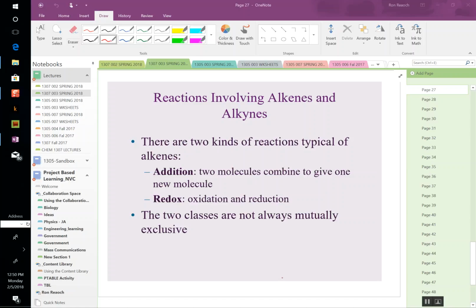We looked at this one on Wednesday. We said this hydrogen, it's like a hydrogen molecule, is going to add across that double bond. It's going to get rid of the double bond.